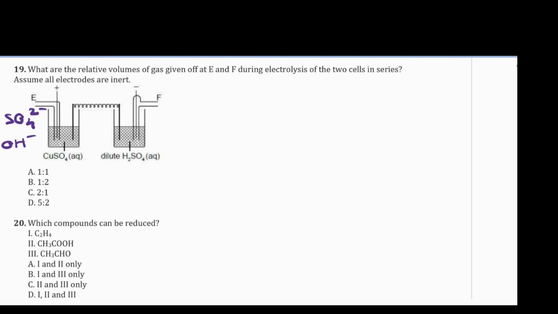Which one will be most easily oxidized? The hydroxyl, that's right. On the other side, with the sulfuric acid, we're looking at the positive ions, which will be reduced at the cathode. So we'll have the H plus from the sulfuric acid and the H plus from the water. So obviously we simply remain with a hydrogen ion. Nothing to pick from there.